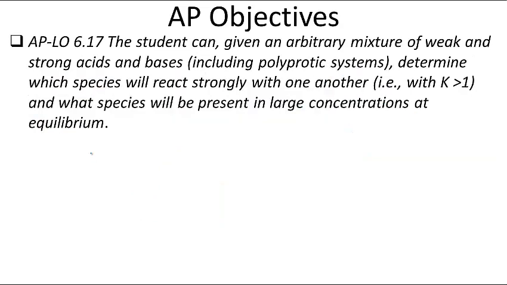All right. Student can, given an arbitrary mixture of weak and strong acids and bases, including polyprotic systems, determine which species will react strongly with one another, i.e. with K greater than 1, and what species will be present in large concentrations at equilibrium. So this is what the entire first half of the problem set is about. It's, if I mix this acid and this base, which reaction is going to go to completion, and then sending that reaction to completion.